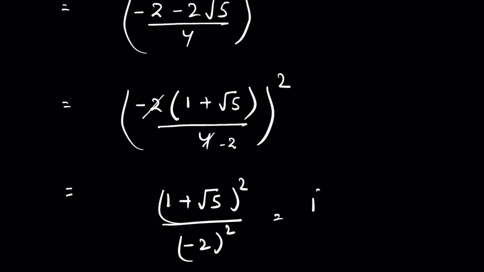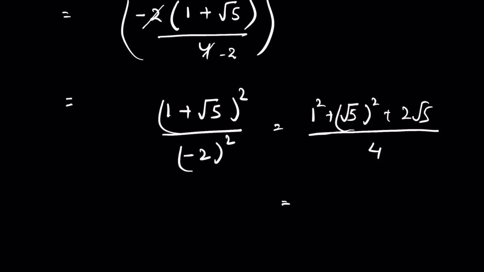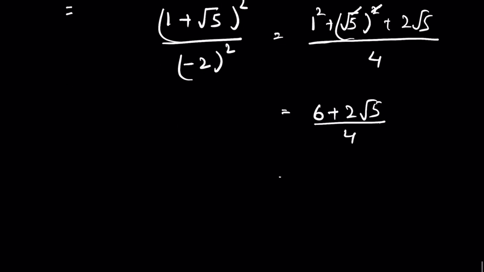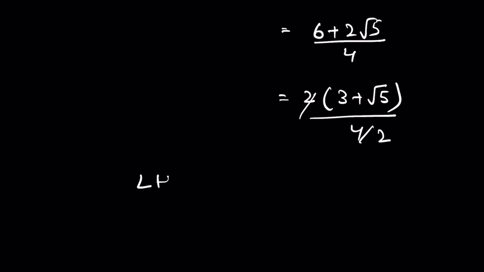Again this is 1 squared plus square root of 5 squared plus 2 times square root of 5 upon minus 2 squared, which is 4. 1 plus 5, we remove the square root with this square, so 6 plus 2 times square root of 5 upon 4. Take 2 common, so 3 plus square root of 5 upon 4. 2 times 2 is 4. So the LHS, left hand side, we have 3 plus square root of 5 upon 2.